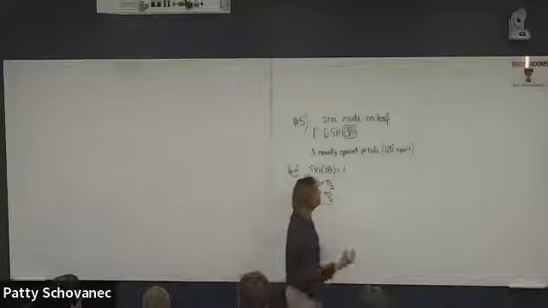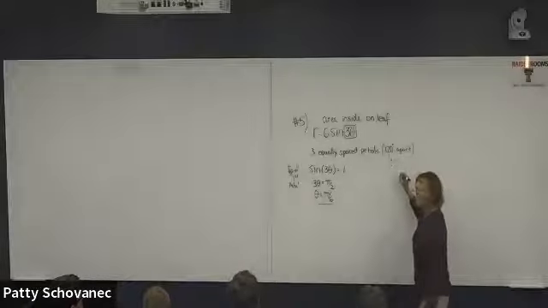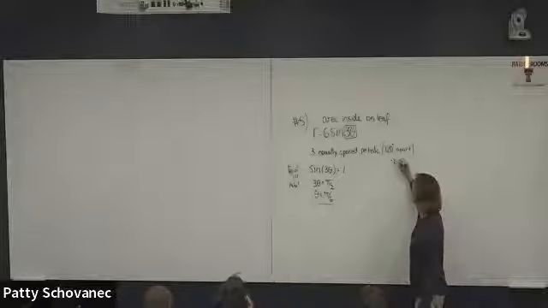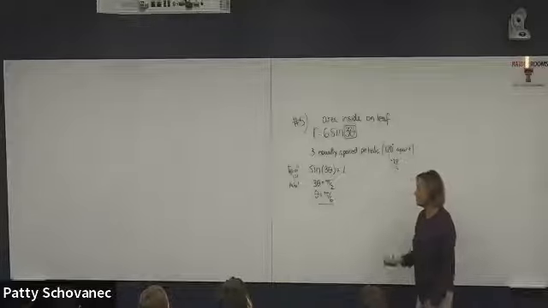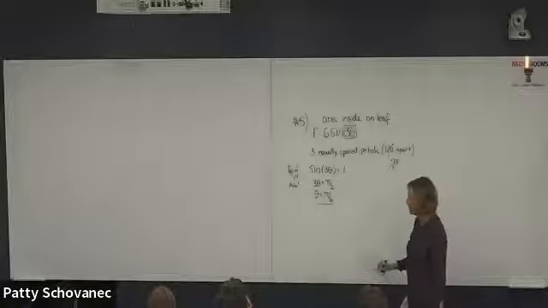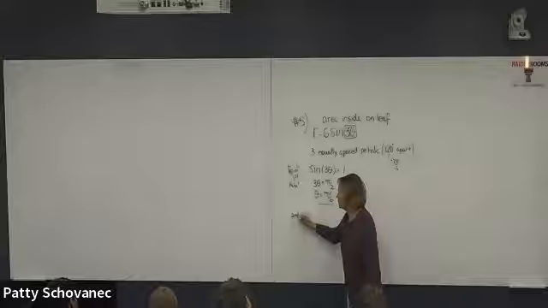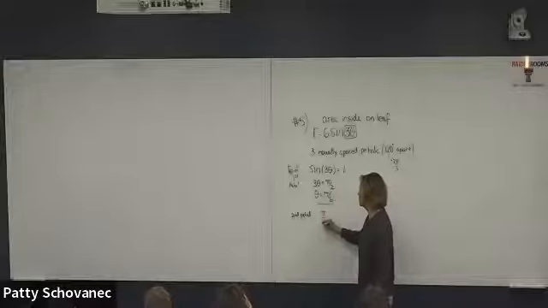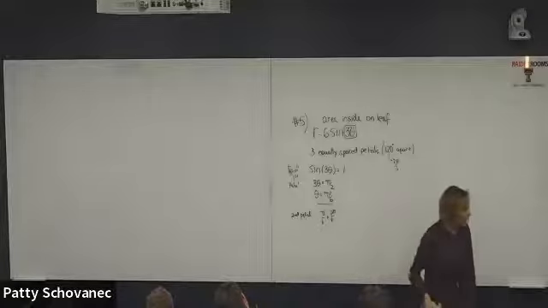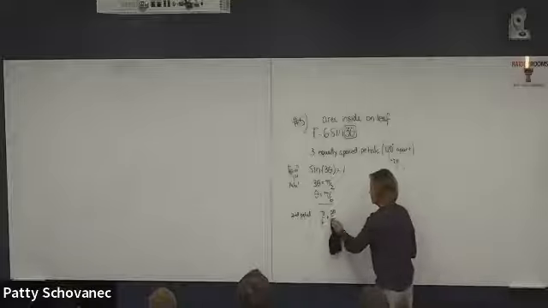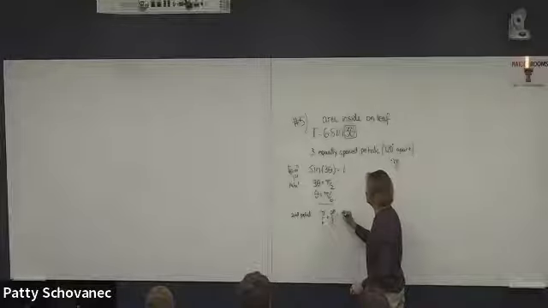120 degrees corresponds to, what is that? 2 pi thirds. So if you want to figure out what the tips of the other petals are, just add 2 pi thirds to that. So the second petal is pi over 6 plus 2 pi over 3, which is 5 pi over 6.